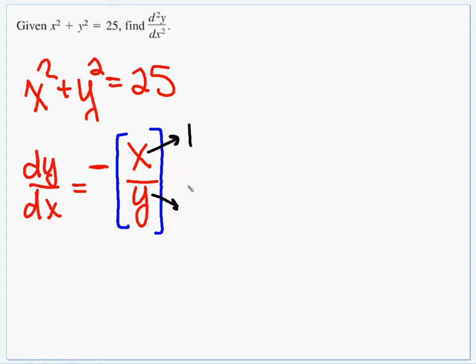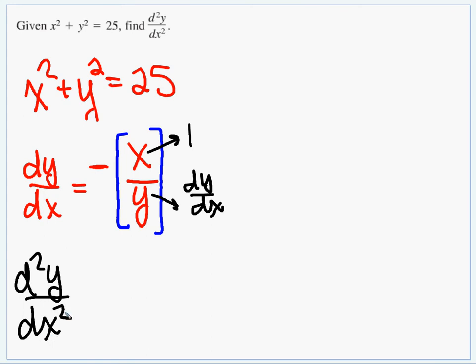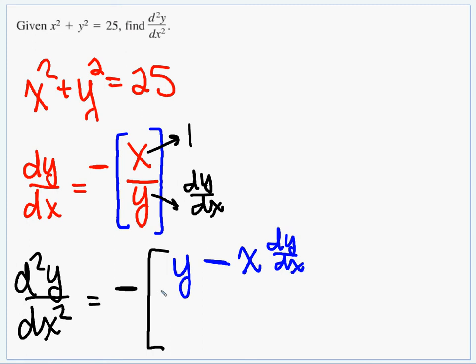Our d low is a 1 dy/dx. So the second derivative, d squared y over dx squared, is equal to my negative and a big old set of brackets. Now in the brackets, we're going to use the quotient rule. Low times d high would be a 1, minus high times d low, dy/dx, all over denominator squared, y squared.